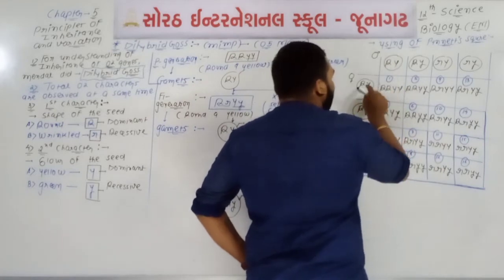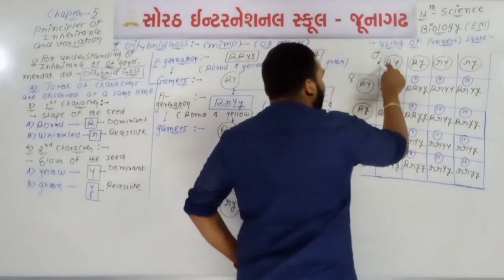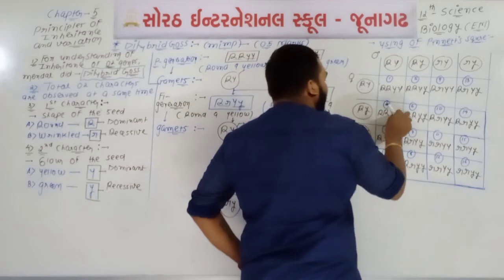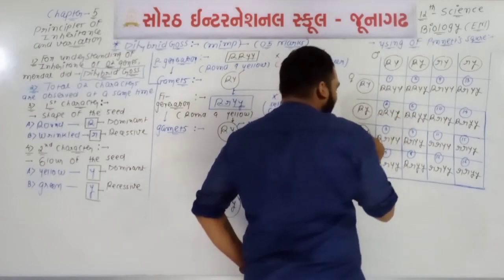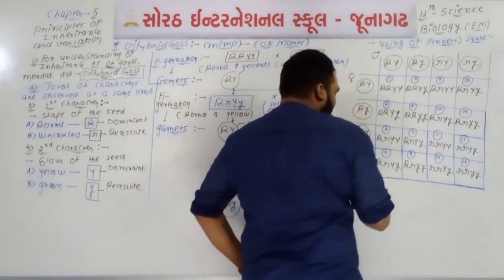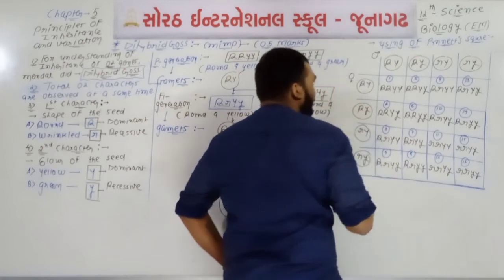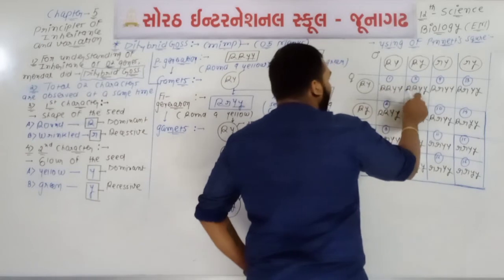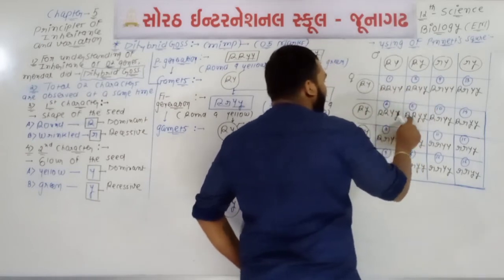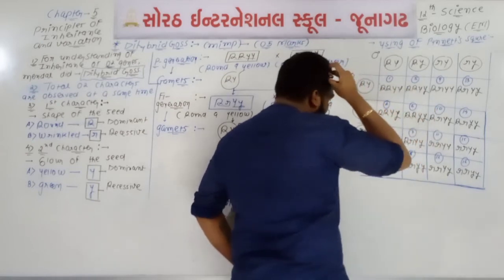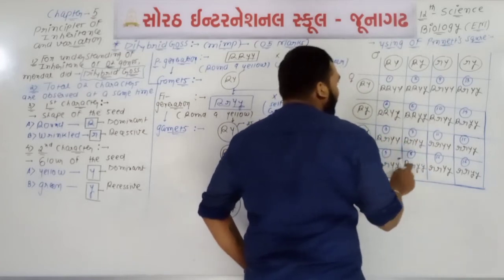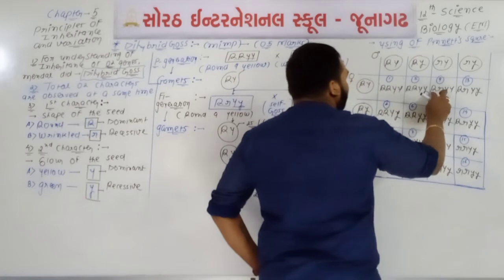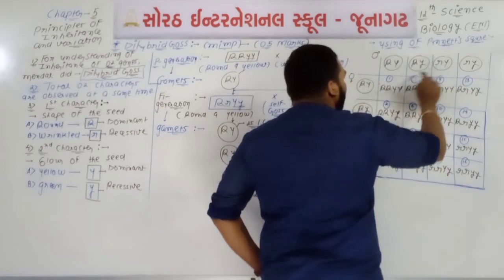Capital R, capital Y, capital Y. Capital R, capital Y, small y. Capital R, small r, capital Y, capital Y. Capital R, small r, capital Y and small y. Capital, small. Capital, small. Capital, small. Okay.